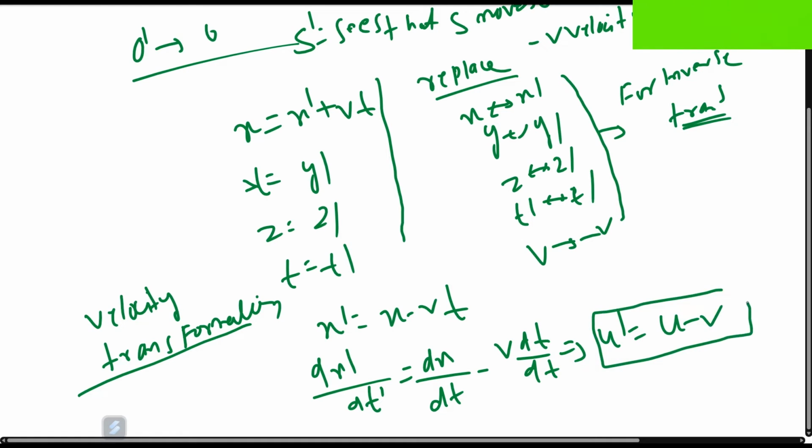So this is how the velocities in S and S prime are related with respect to the object. This is your velocity subtraction.